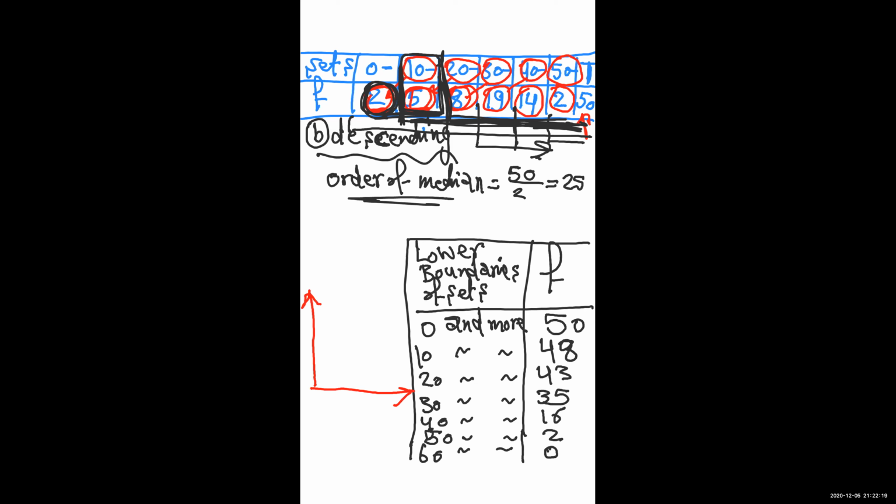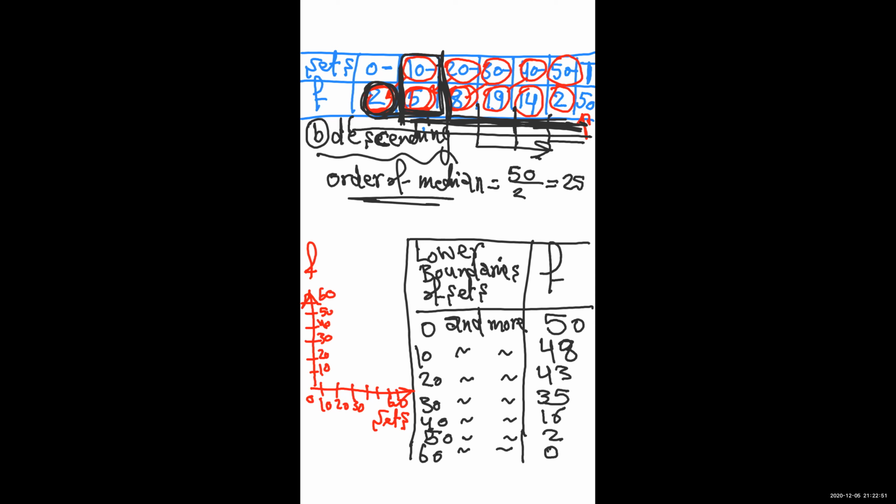So this one will be for the sets, and this one will be for the frequency. Sets, guys, we said 0, 10, 20, 30, 40, 50, 60, and so on. And the frequency is from 0 to 50 also like before. So 10, 20, 30, 40, 50, 60.